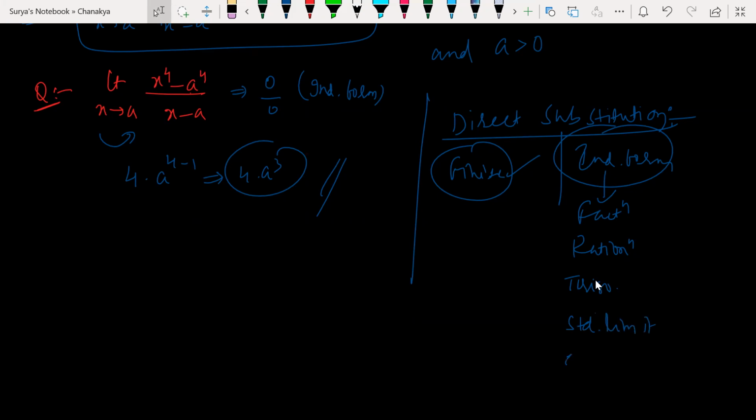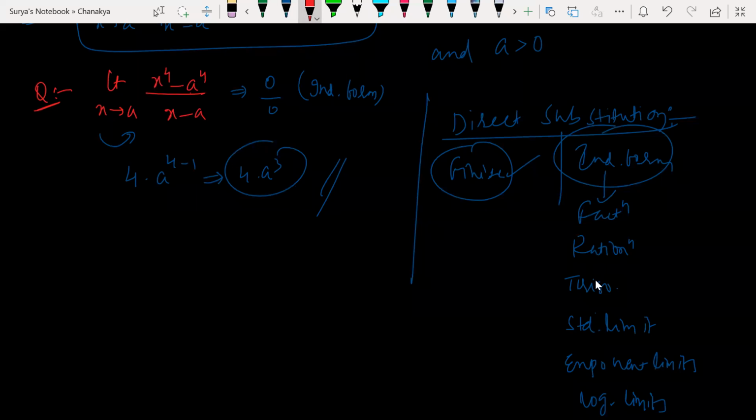After this, you have exponential limit. After that, logarithmic limit. You understand? So yes, these many methods you have.